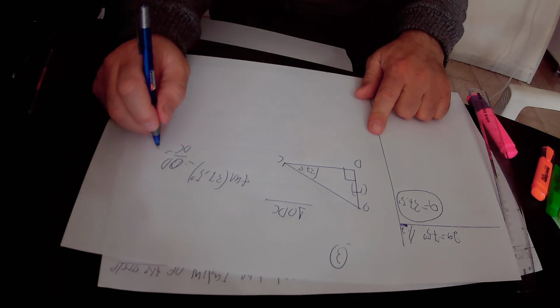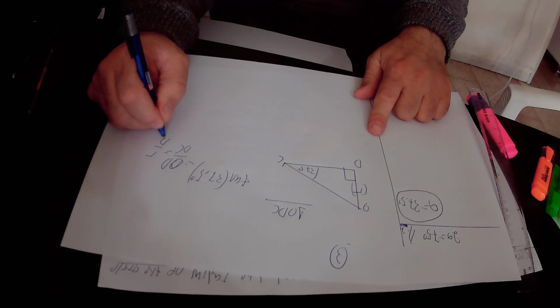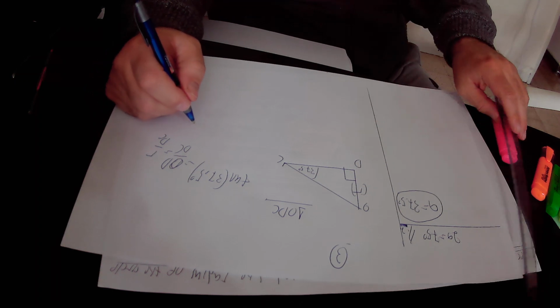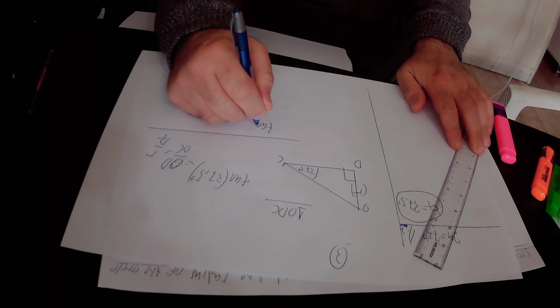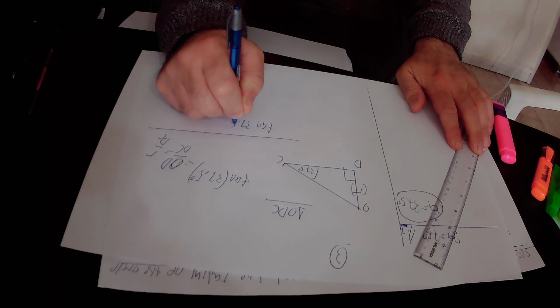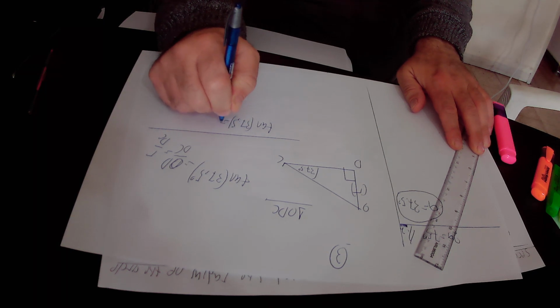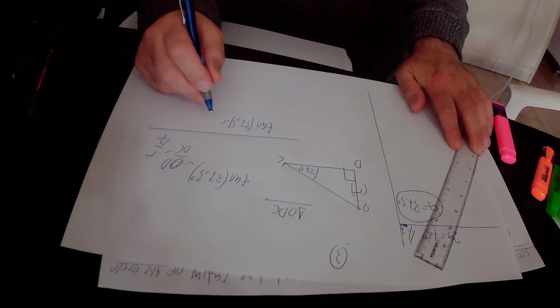Tangent 37.5 degrees equals OD over DC. OD is R, the radius of the circle, over DC. So tangent 37.5 degrees equals R over DC.